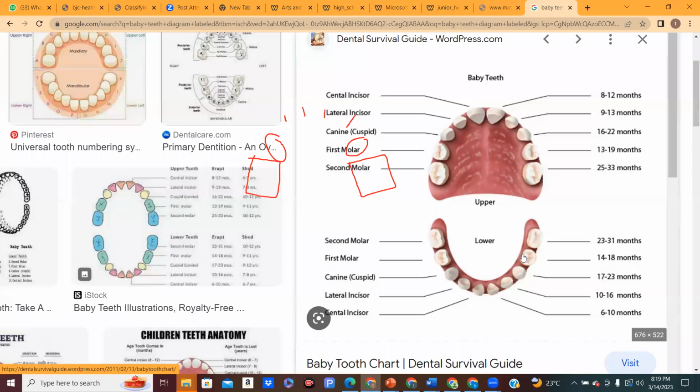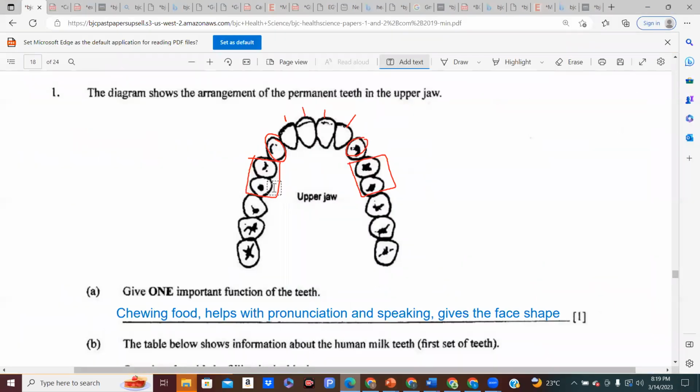So in total they have 20. But this one has 16 in just the upper jaw, so clearly this is way too much. It has molars as well, and that's the problem. These are the molars. The reason this has to be adult teeth is because it has 16 teeth, and it has premolars and molars.